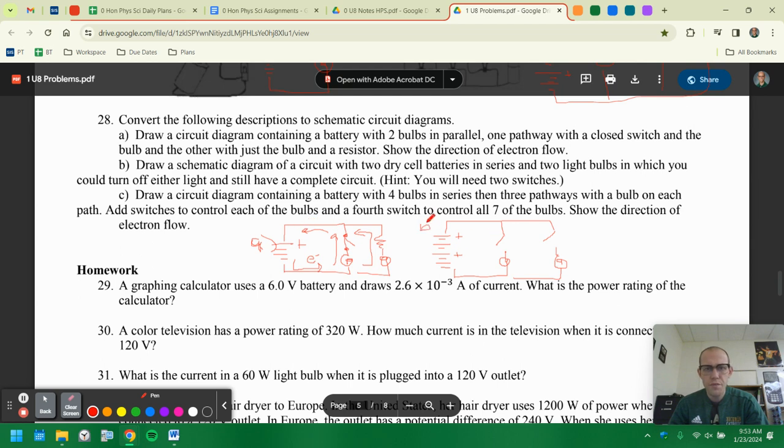And C, draw a circuit containing a battery with 4 light bulbs in series, and then 3 pathways with a bulb on each path. So 4 light bulbs in series, 1, 2, 3, 4, and then 3 pathways, pathway 1, 2, 3.